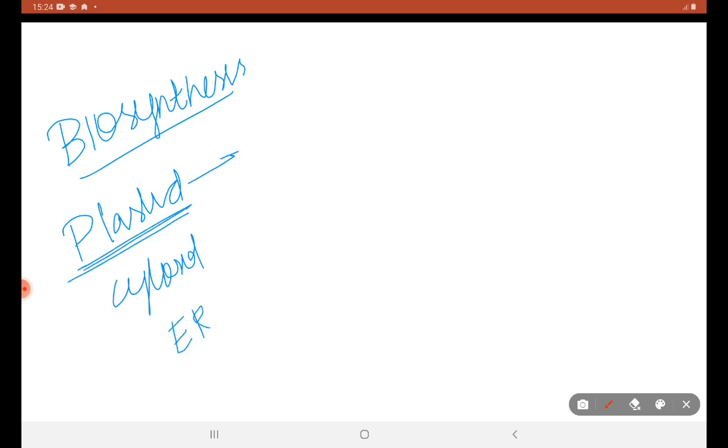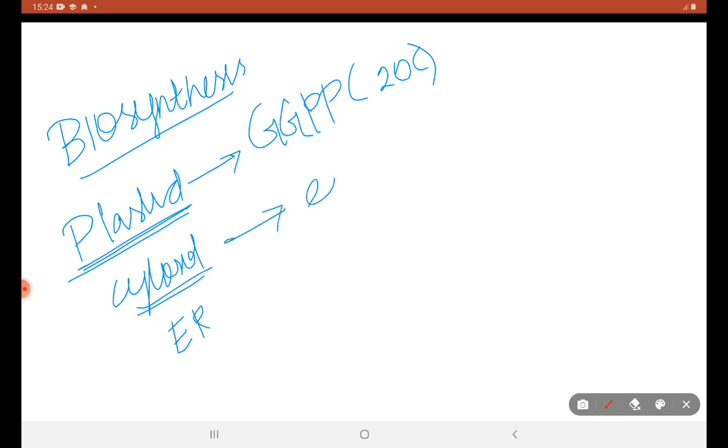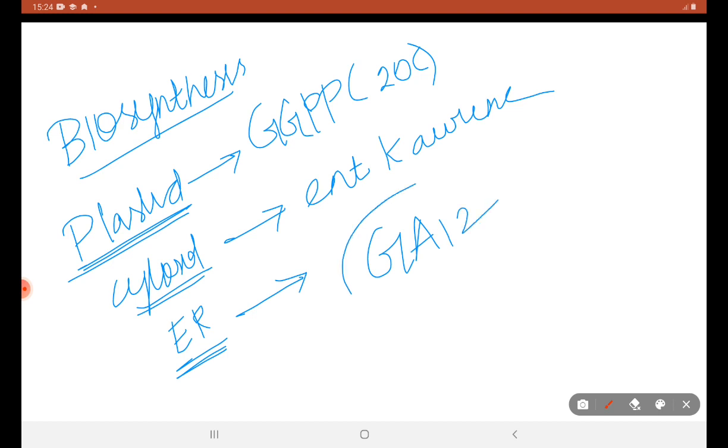In plastids, the end product is geranyl pyrophosphate, a 20-carbon compound. In cytosol, the end product is ENT kynurin. In endoplasmic reticulum, ENT kynurin is converted into GA12. This is the overall gist of biosynthesis. Okay.